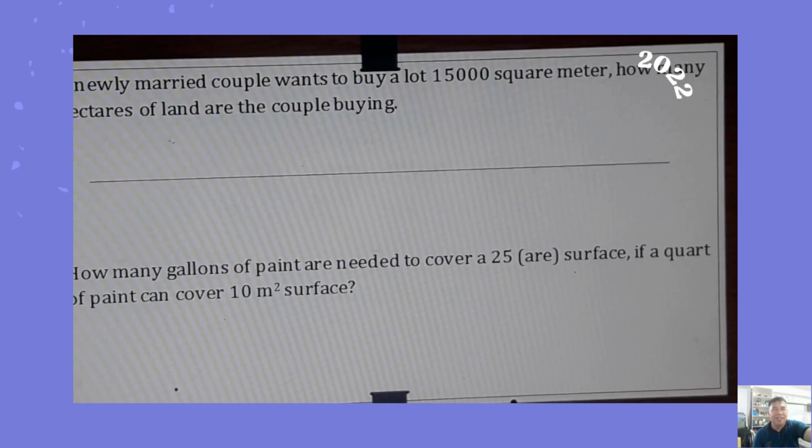Number 2, how many gallons of paint are needed to cover 25 square meters of surface, if a quart of paint can cover 10 square meters of surface? I think that would be the last activity for the measure of area.